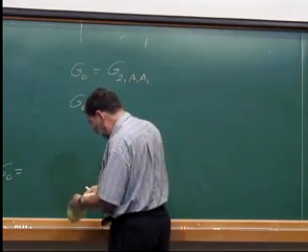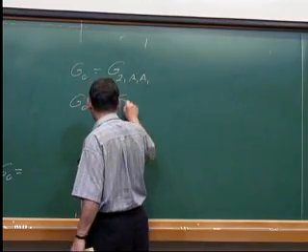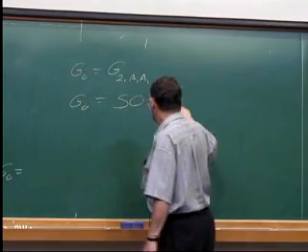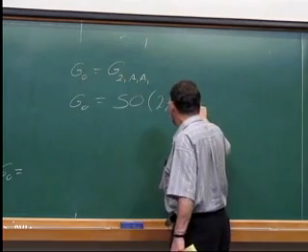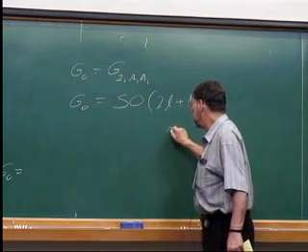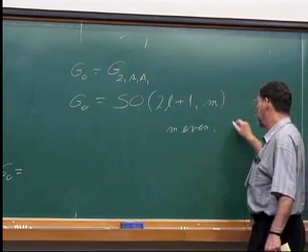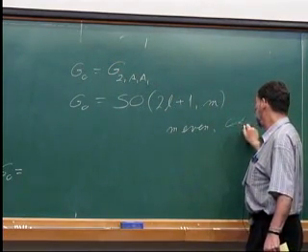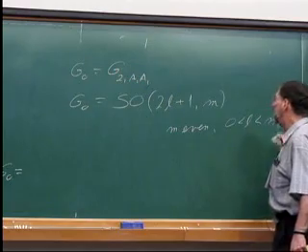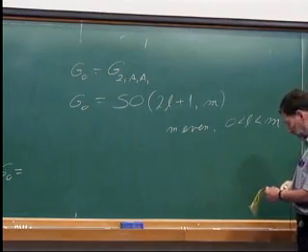Anyway, it's where G0 is SO(2L+1, M), where M is even, and 0 less than L less than M. Or is it less than 2L?